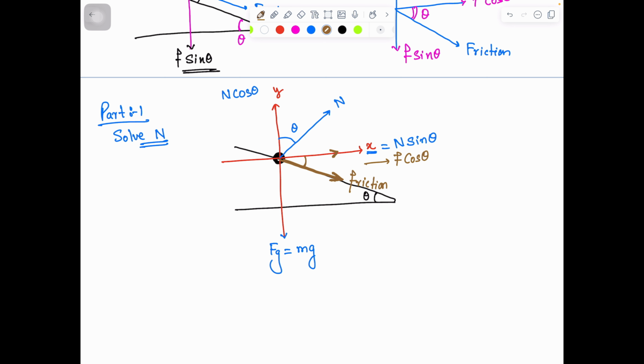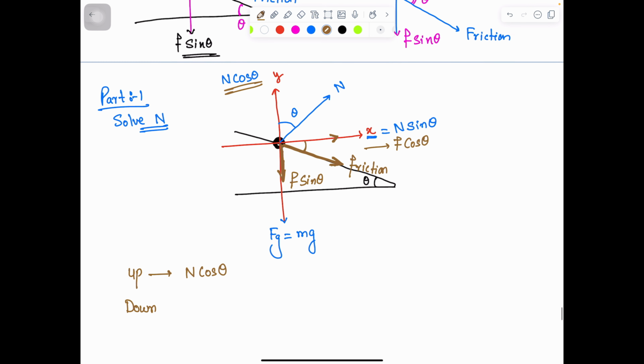Clear? And the second part is down. I'll try to make it darker so that you can understand. The down, friction sine of theta, yes or no? Okay, now just try to balance up and down. Just check up and down values so that we can balance them. What is the value at up? We have only one value, n cos theta, yes or no?